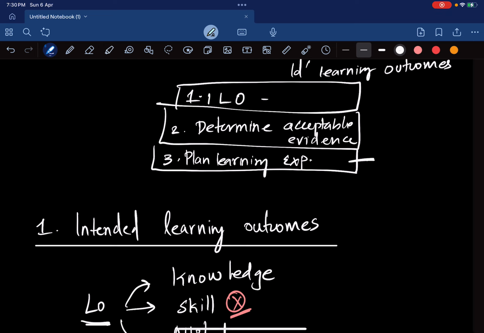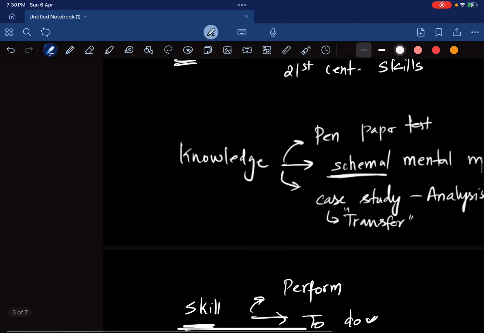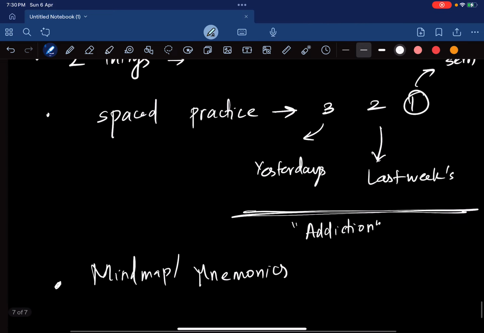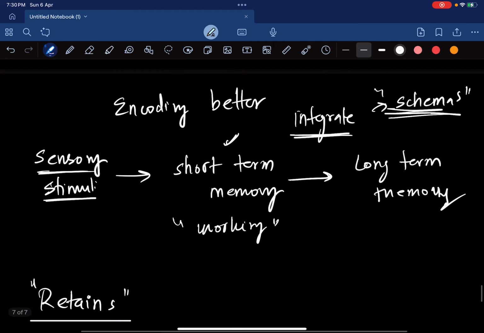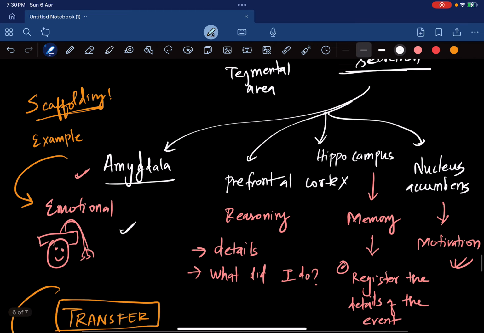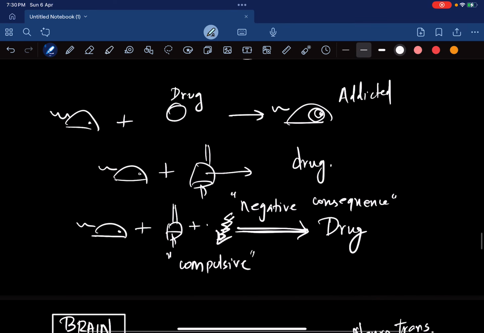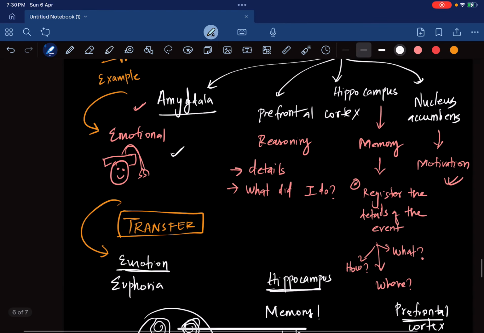When we plan the learning experience, I focused more on how we integrate the knowledge with previously existing knowledge, and how we can help the students retain the knowledge much better, which was dealt with in the last section. And how are we going to help the students transfer the knowledge to other domains.